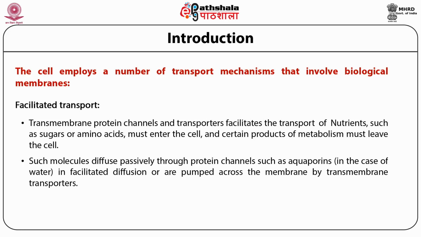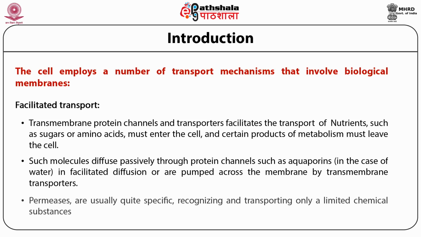Channel proteins, one example of which is permease, are usually quite specific in recognizing and transporting only a limited group of chemical substrates. Other facilitated proteins such as permeases also specifically transport a limited substrate. They also undergo facilitated transport.